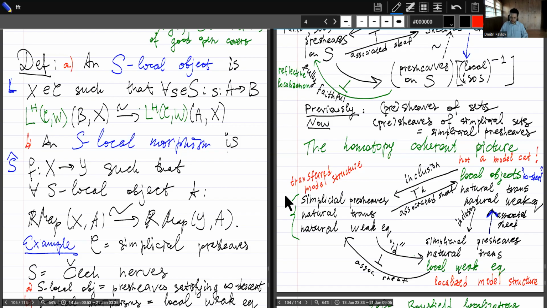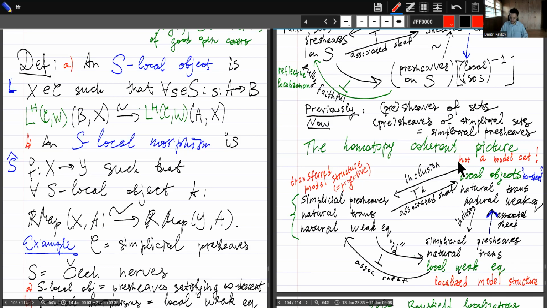And as it turns out, 2 out of 3 vertices in this diagram can be equipped with a model structure. The category of simplicial presheaves per se can be equipped with a transferred model structure, also known as the projective. And the bottom right corner can be equipped with the so-called localized model structure, which is precisely what a left Bousfield localization is, and that we will recall in a few minutes.